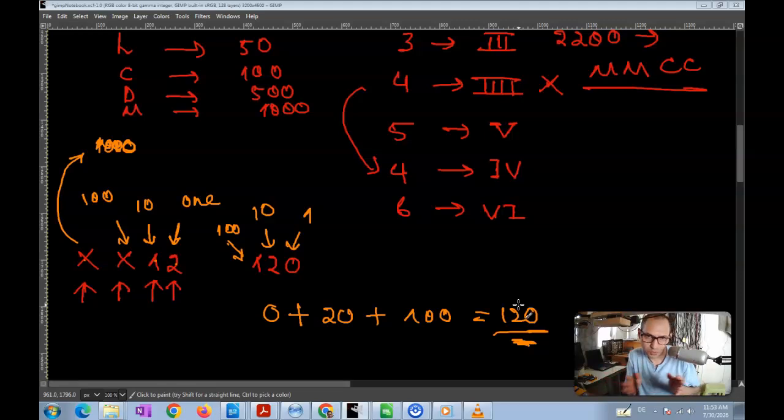Then you group things together, and you come up with 2 groups of 10, a group of 100, and 0 groups of 1. Based on the grouping that you do, you put these digits in the right places, and that's how you know how to write your number, right?